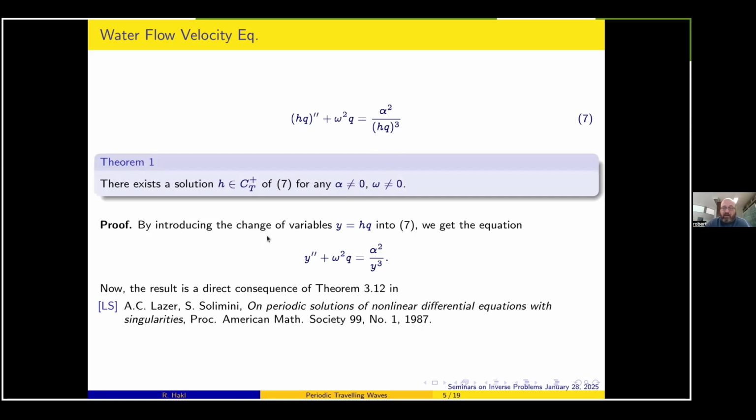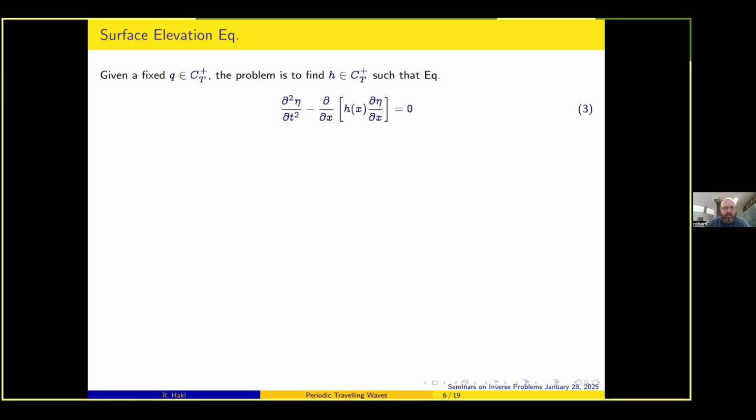So for this equation, there always exists a solution h that is positive, T-periodic. The only condition is that alpha and omega are different from zero. So this is the problem about the water flow velocity, and we pass to the problem of the surface elevation equation.